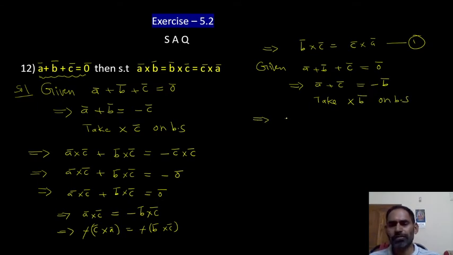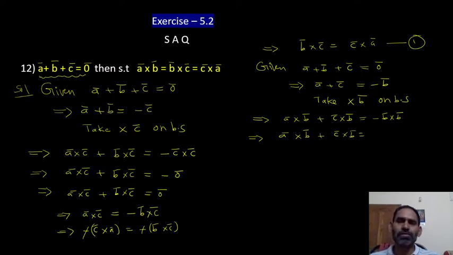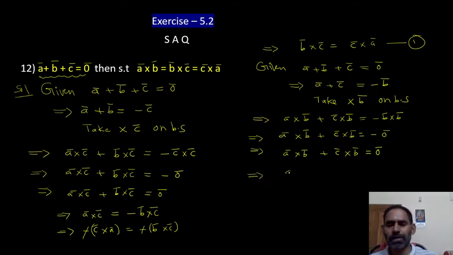That implies A bar cross B bar plus C bar cross B bar equal to minus of B bar cross B bar. B bar cross B bar is 0 bar, so minus 0 bar. That implies A bar cross B bar plus C bar cross B bar equal to 0 bar. That implies A bar cross B bar equals minus of C bar cross B bar.